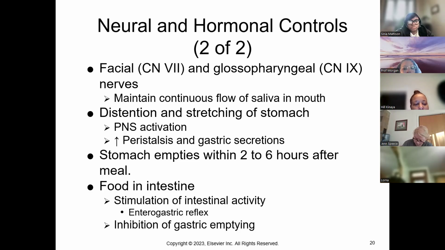Remember, in someone that has dumping syndrome or short bowel or short gut syndrome, their body can't do this process of absorption. Food will pass through the small intestine at a pretty constant rate.